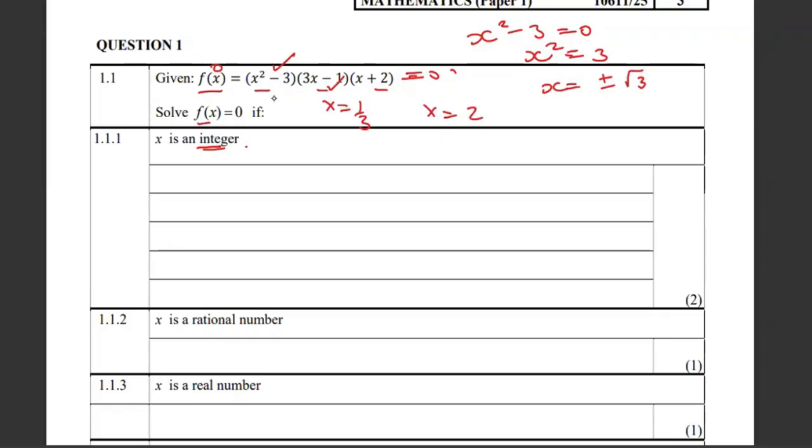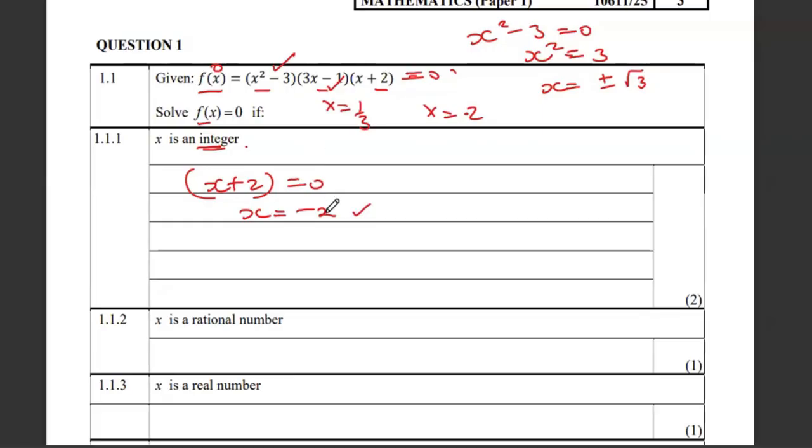Now, if x is an integer, it's as good as saying x plus 2 is 0, and then x becomes negative 2. So negative 2 is the only answer that we have, because this can lie on a number line, and we know that integers can never be fractions.